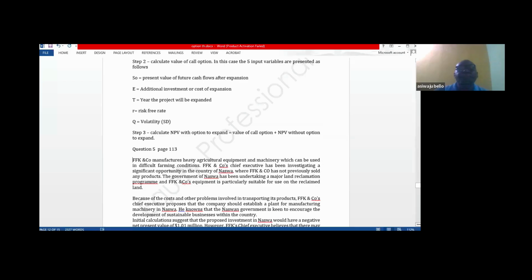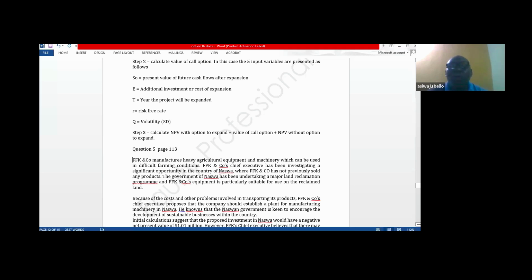FFK and Co. manufactures heavy agricultural equipment and machinery, which can be used in difficult farming conditions. FFK's Chief Executive has been investigating a significant opportunity in the country of Naswa, where FFK and Co. has not previously sold any product.